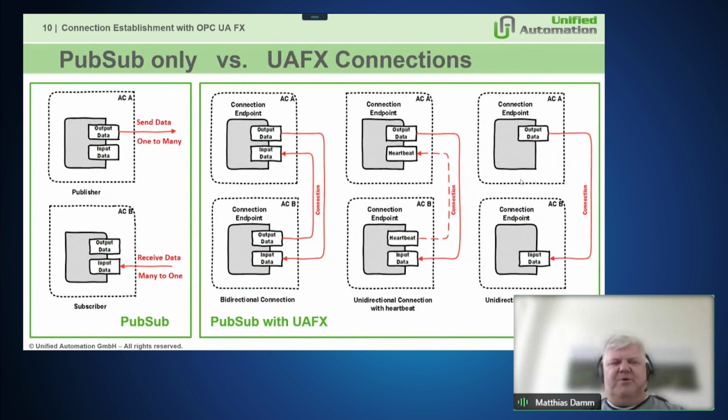And if you compare that to plain pub/sub, in a pure pub/sub environment, the publishers don't know anything about the subscribers. They are configured to send certain data out to the network, either as UDP multicast packages or to an MQTT broker. So as a publisher, you only know the network address, like the UDP multicast address, or the broker address and the topic on the broker.